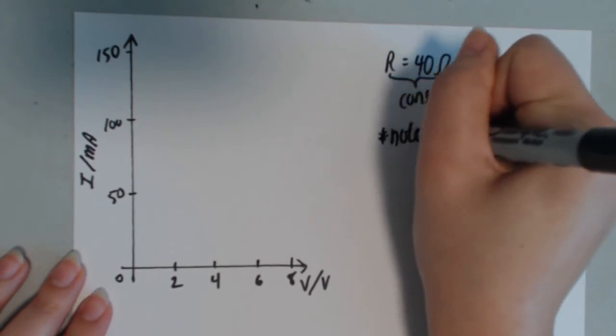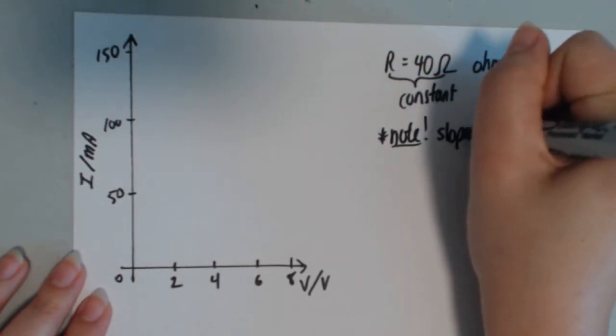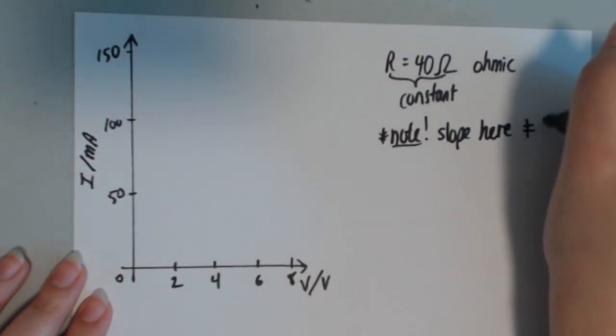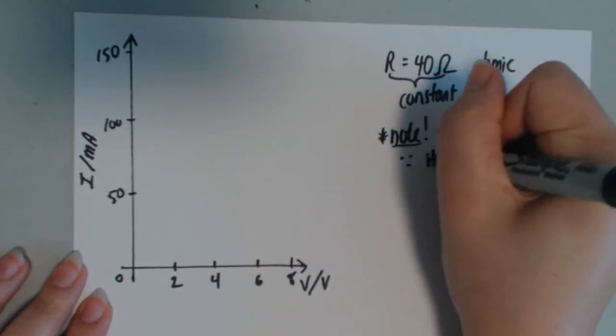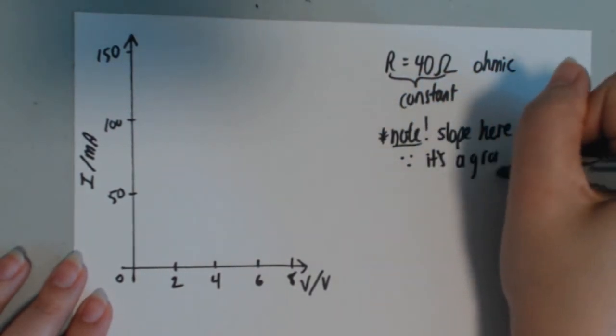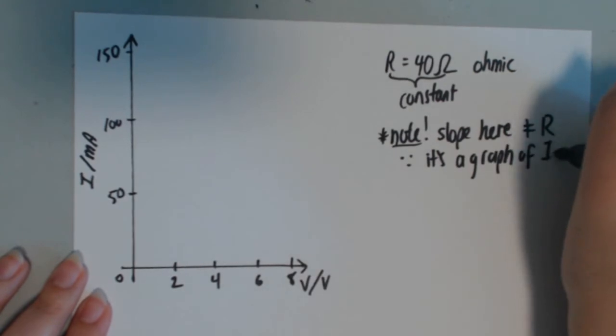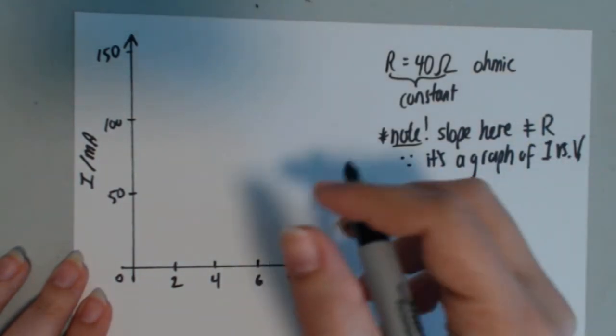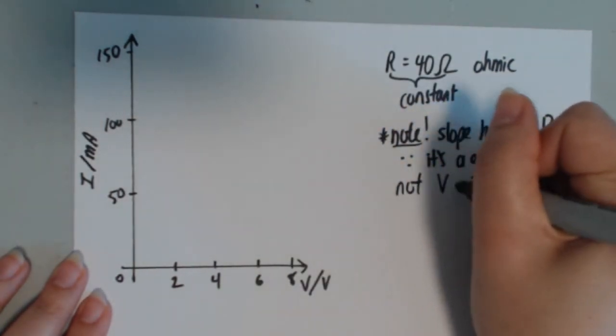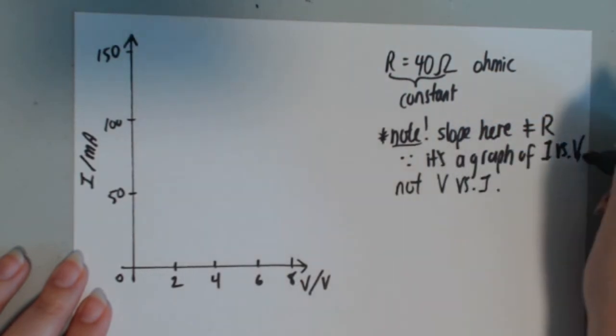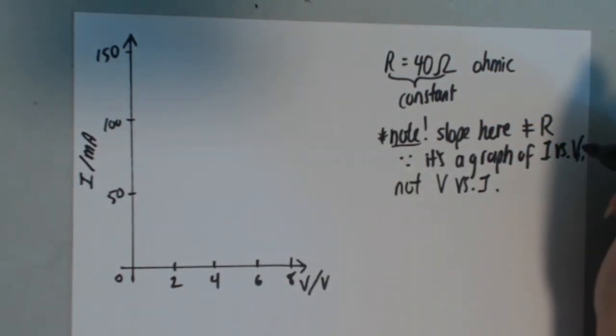So let me put a note here. Note, slope here does not equal R, since it's a graph of I versus V, not V versus I. So that's important.